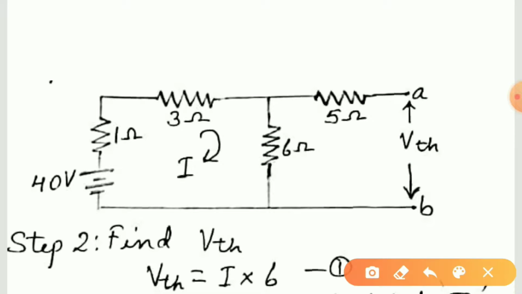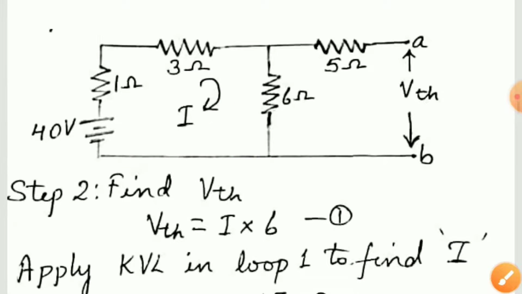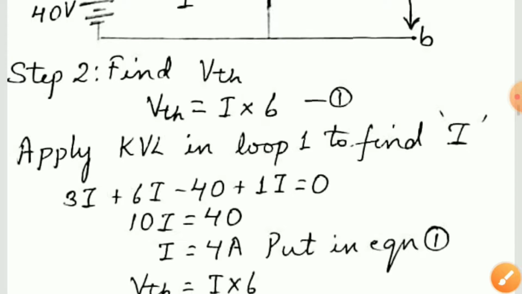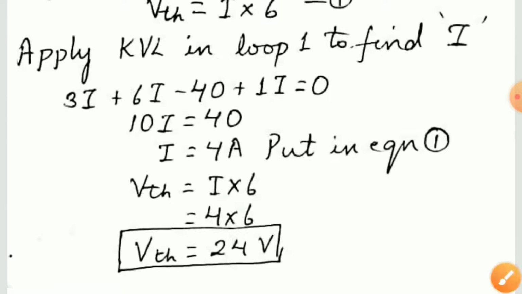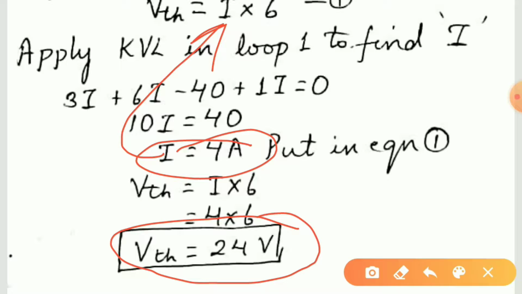Value of current I can be obtained by applying KVL in this loop, which can be written as 3 into I plus 6 into I minus 40 plus 1 into I. On solving this KVL equation, we can get the value of current as I is equal to 4 amp, and on substituting this value to the first equation of VTh, we get value of VTh as 24 volt.